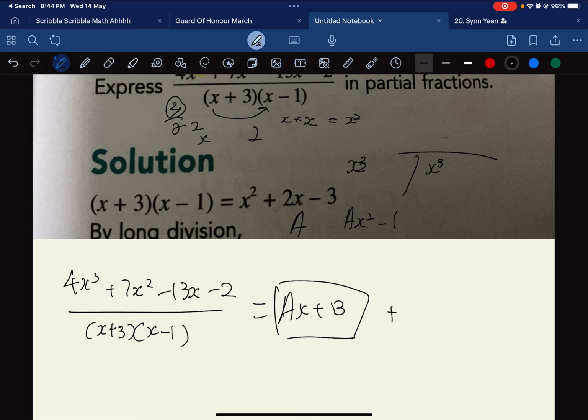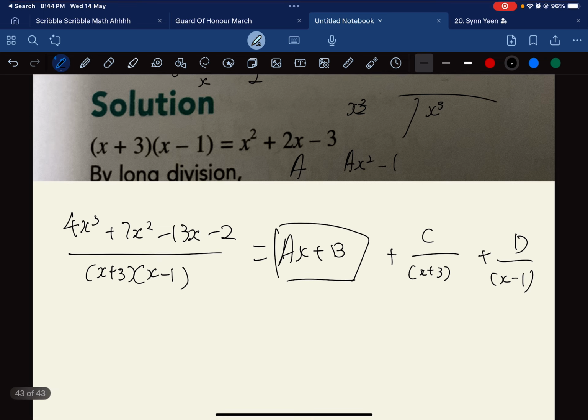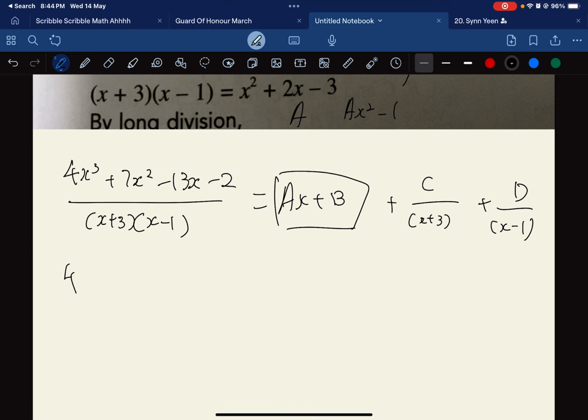Plus something, which is cx plus 3 plus d x minus 1. I remember the notes also got this one question where the constant is actually x plus b. It's damn long.